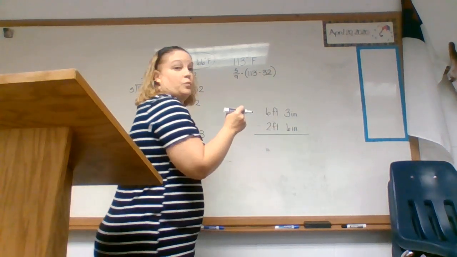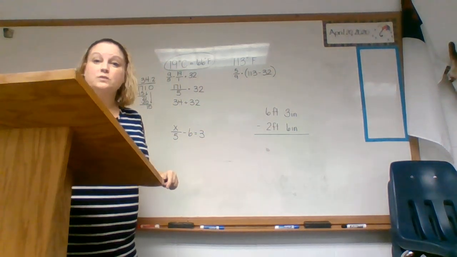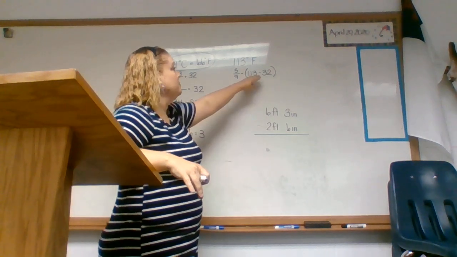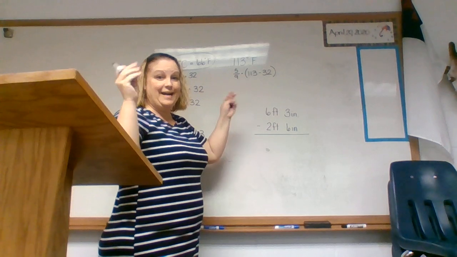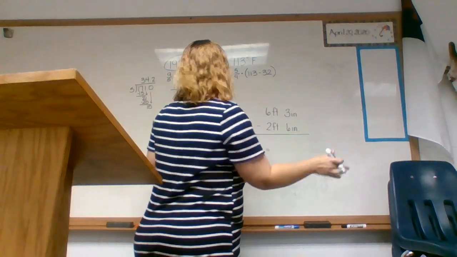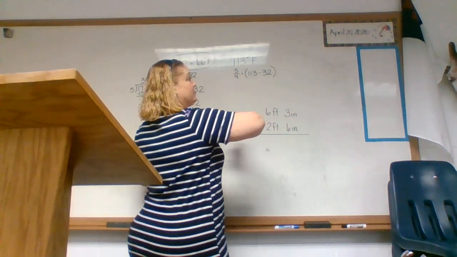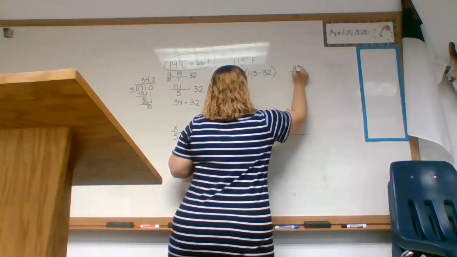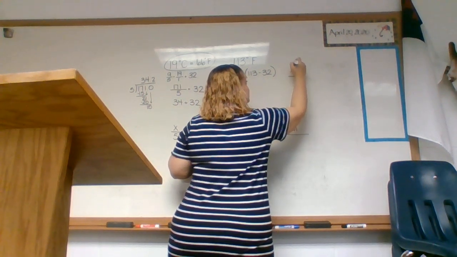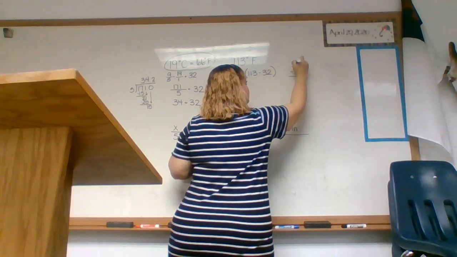So we're going to subtract first because order of operations, remember, tells us we've got to do what's in parentheses first. It's shouting out, hey, take care of this before you do any other operation. And if you need to, go ahead and write it to the side. There's nothing wrong with that.